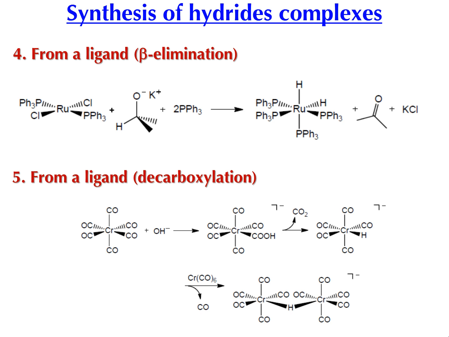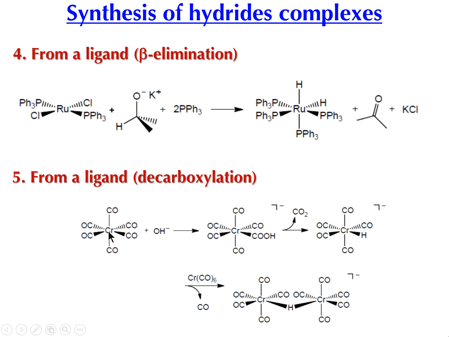Method 4 is the addition of a ligand, then doing the beta elimination, and I will explain this mechanism, beta elimination, later in a separate chapter. And method number 5 is the decarboxylation.